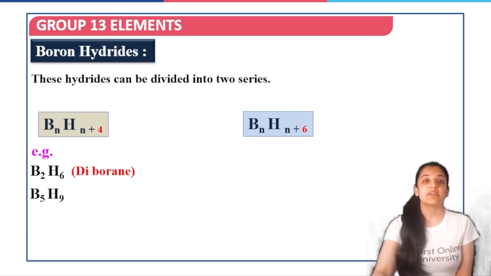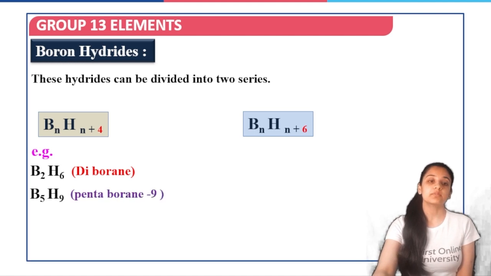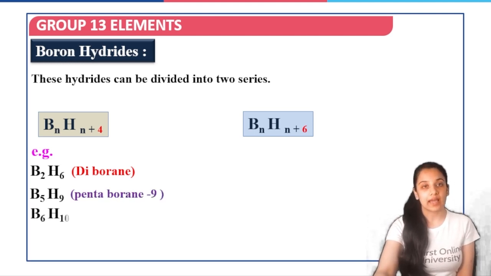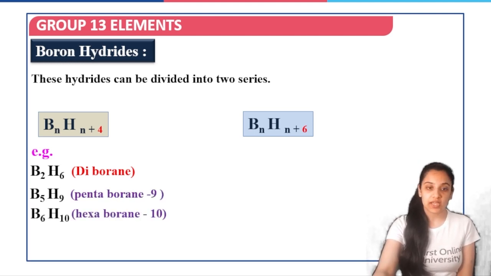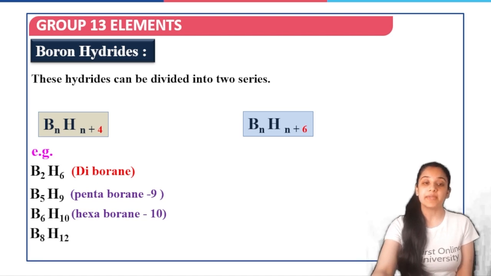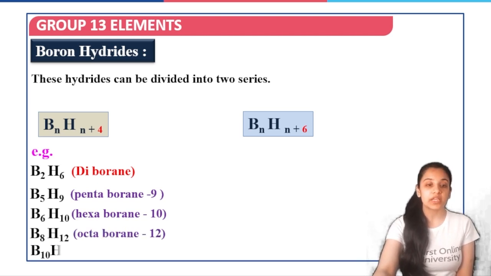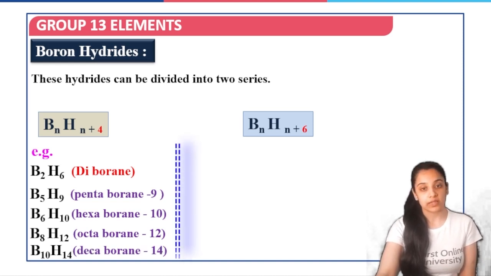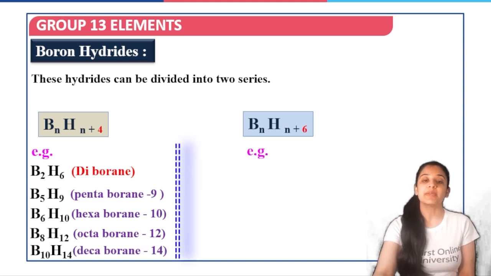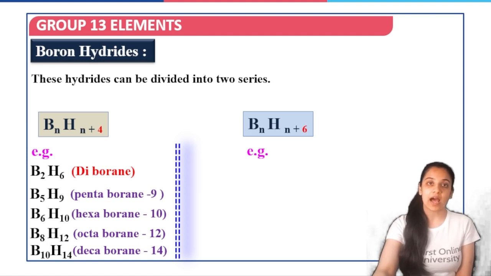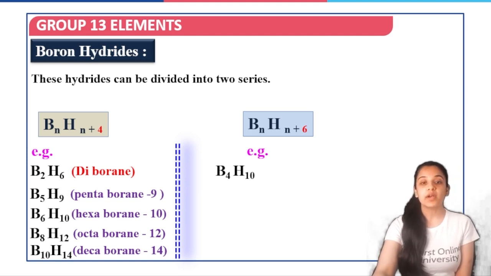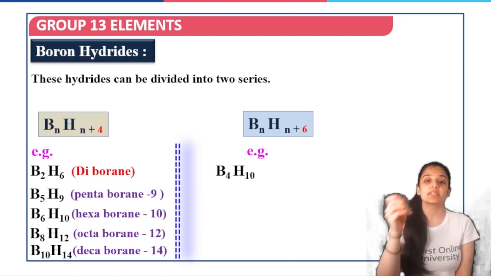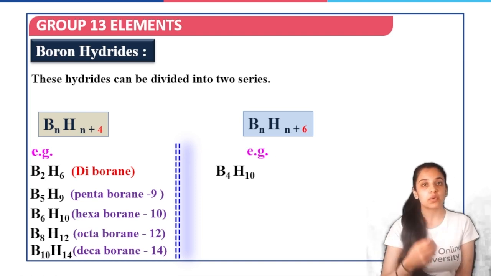Next example is B5H9, that is pentaborane 9. Then B6H10, that is hexaborane 10, B8H12, octaborane 12, B10H14, that is decaborane 14. Next, we move on to BnHn+6, that is arachnoboranes. So B4H10 is an example of it because here n is equal to 4 and 4 plus 6 is 10.